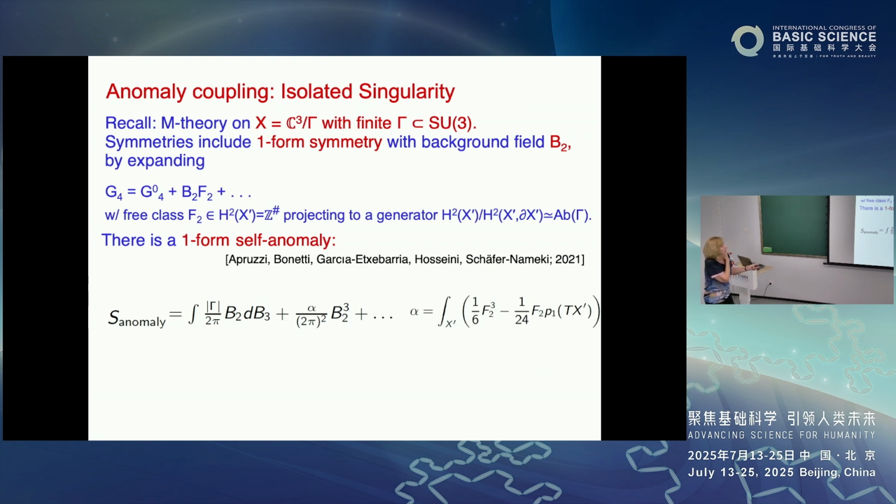And then we have the self-anomaly term that involves three B2 terms. It is the self-anomaly term whose coefficient is geometrically represented as the integral of the field strength that lives in second cohomology in the extra non-compact space and extra geometric parts itself. So calculating this quantity will give us the actual anomaly coefficient in the resulting SymTFT.